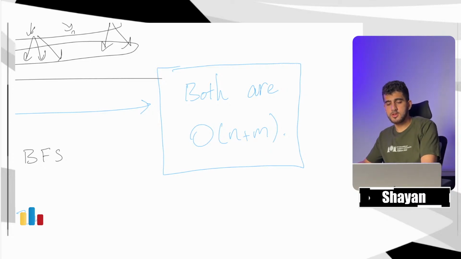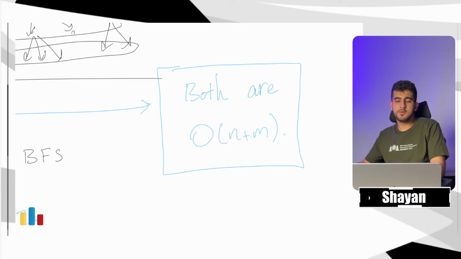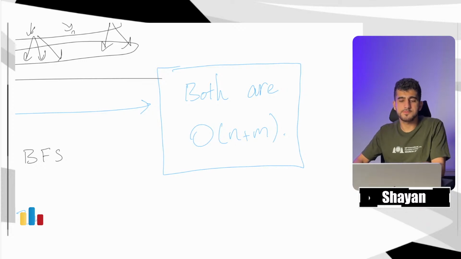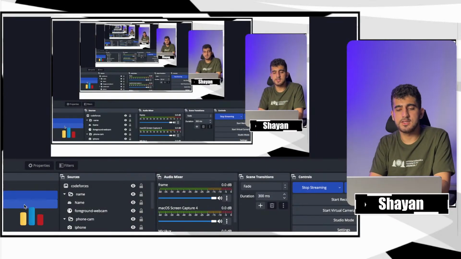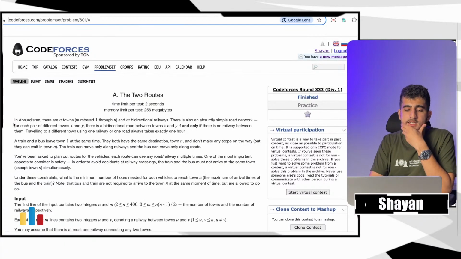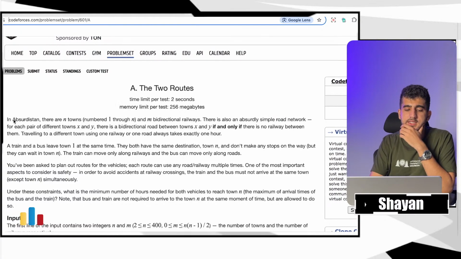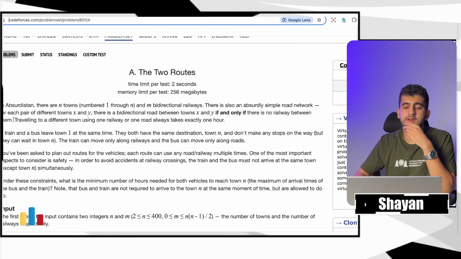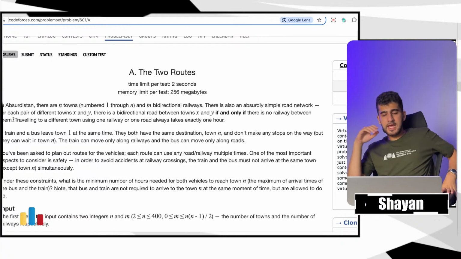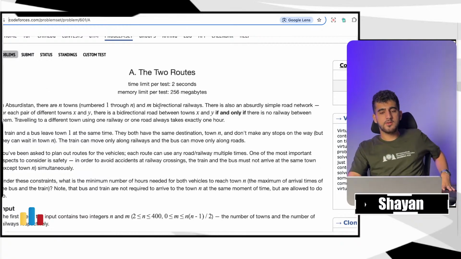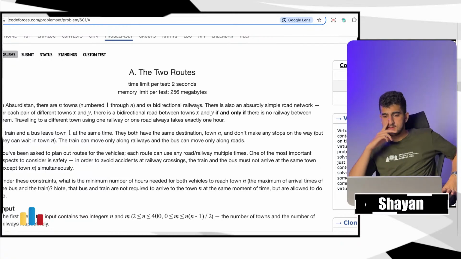Nice. So now that you're ready, let's talk about this problem, Two Roots, 601A. I sent you the link in the chat. It says that assume we have n towns and there are m bidirectional railways.